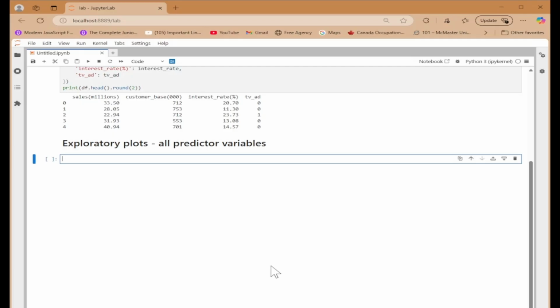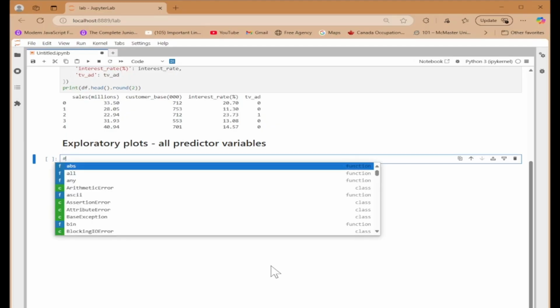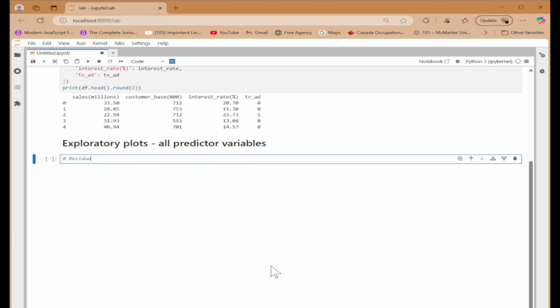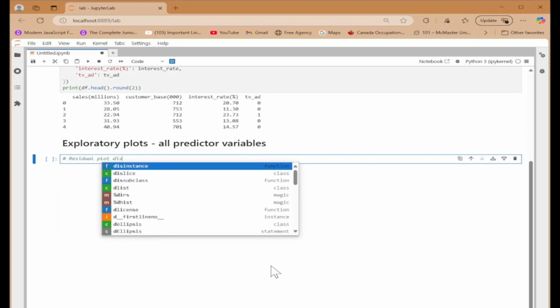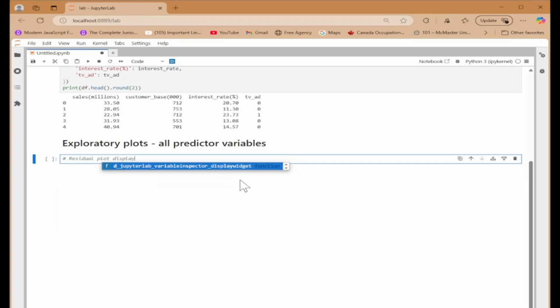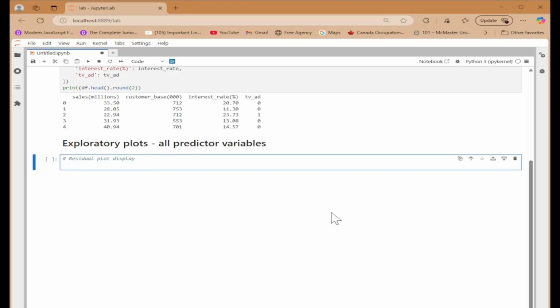If the residuals are scattered, with no pattern of residuals, then we can say that the problem of heteroscedasticity is minimal. Okay, for that, let's start with the residual plot display.